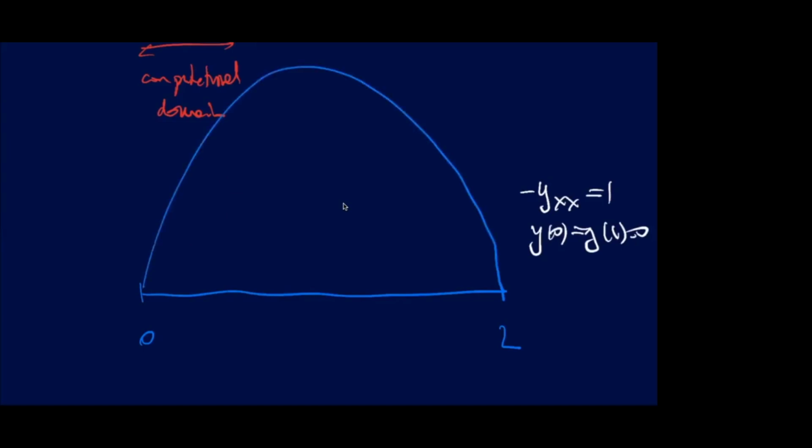I cannot claim that the solution of this system will be the same as solving the same problem with an artificial boundary condition here, because this will produce a small deformation that is very far from the actual behavior of the solution.